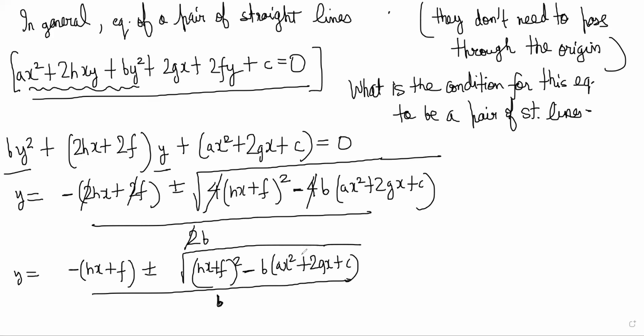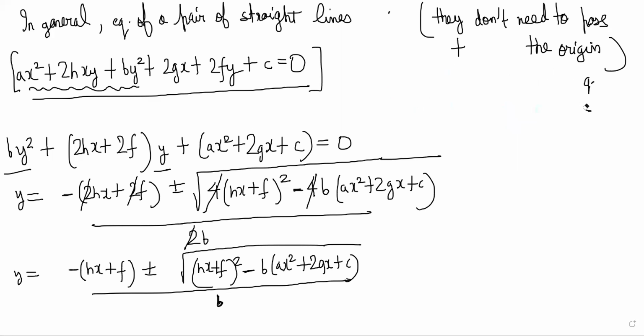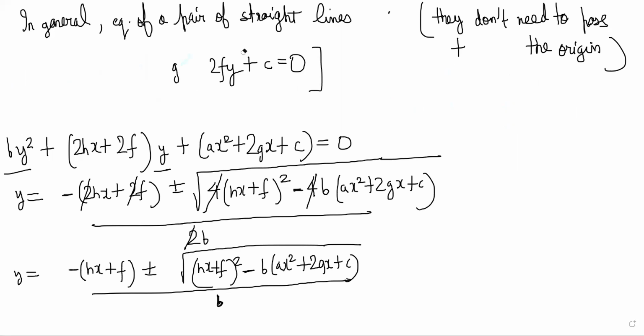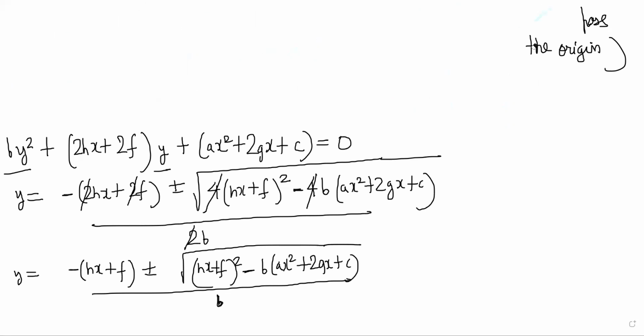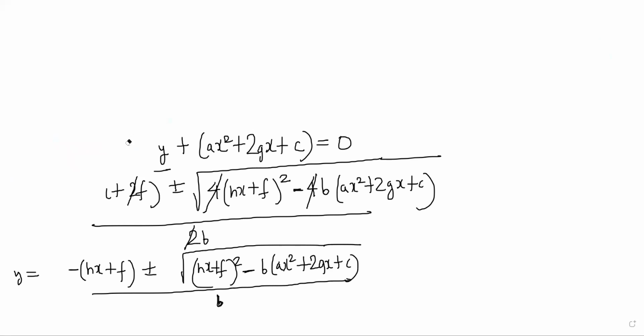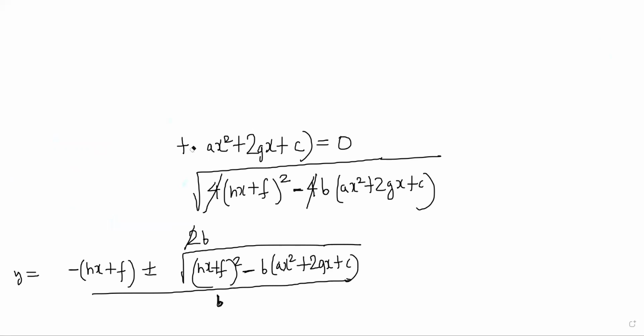So right now we still don't know what we'll do, because the problem is that there is a square root, and that square root is not disappearing very easily. The square root has x terms and all, right? So think about it. When can we say that this equation that we have gotten in this step is a straight line equation? When it should have a linear power in x, right? X should have power 1, right?